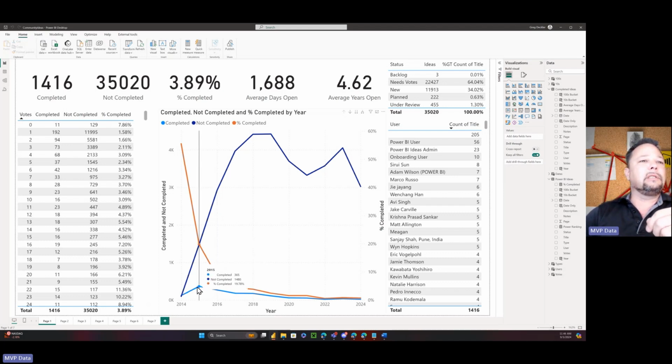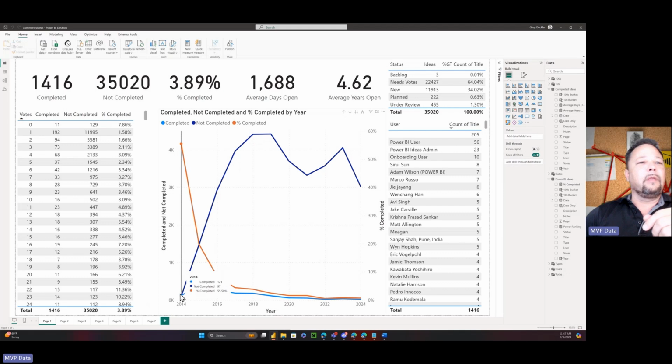So what you can see here is that 2015 is when the most ideas were completed. Versus, I guess I should say, of the ideas that were submitted in 2015, 365 of those have been completed, and 1,480 are not completed, giving a percent completed rate of almost 20%.